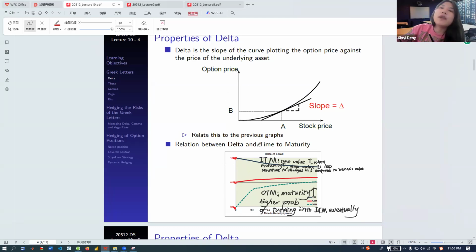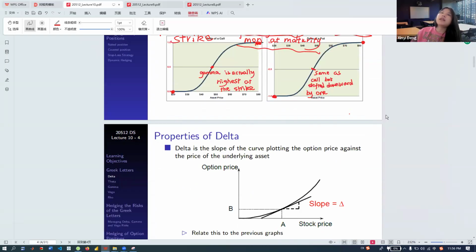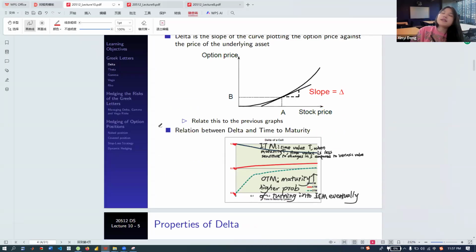For in the money call, recall that delta is the probability of the call being in the money at maturity. If that's the case, then for in the money options, it's basically a 100% chance to achieve, right? So that's why we have 1 here for time to maturity equal to 0.